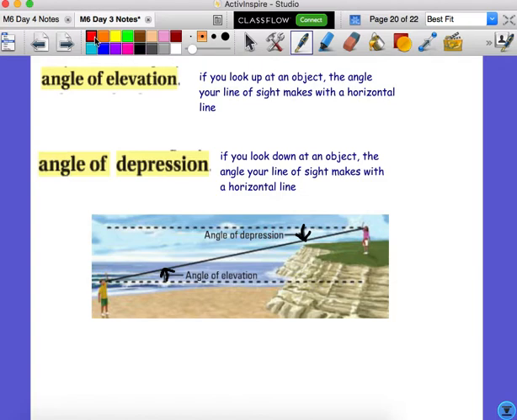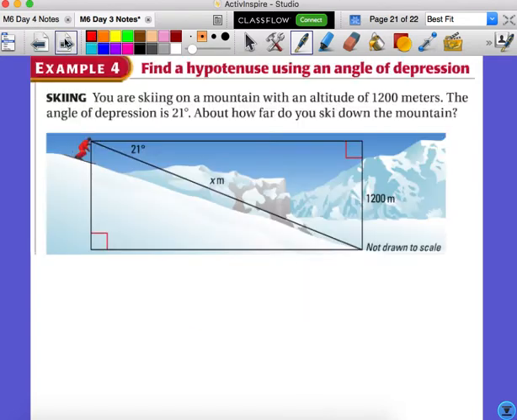The reason for that is we've got parallel lines cut by a transversal. So therefore, our alternate interior angles are congruent. So from here, if you're skiing on a mountain with an altitude of 1,200 meters, your angle of depression is 21 degrees.